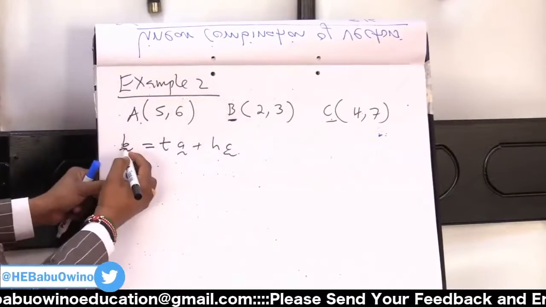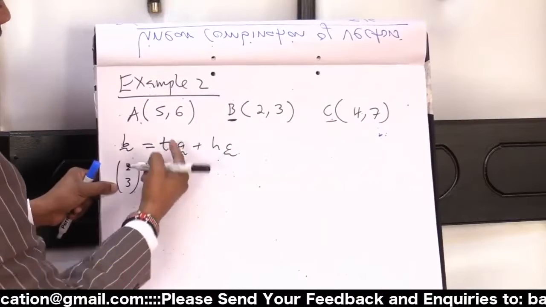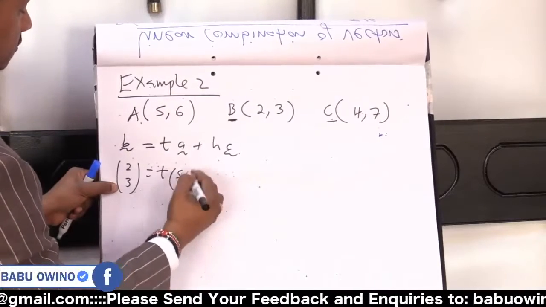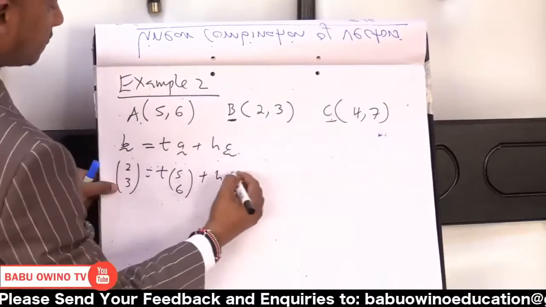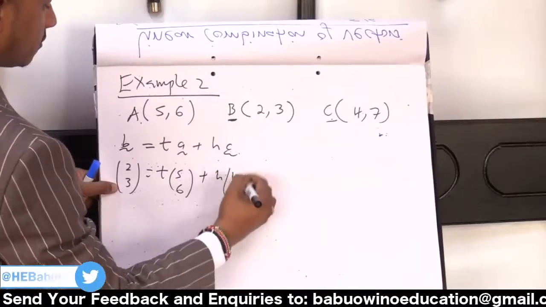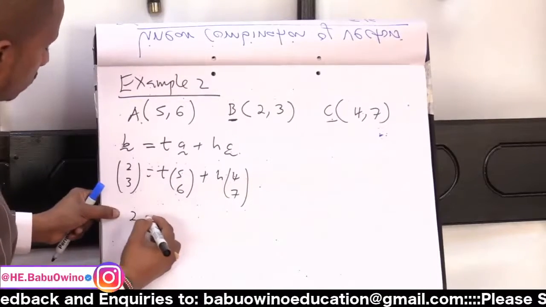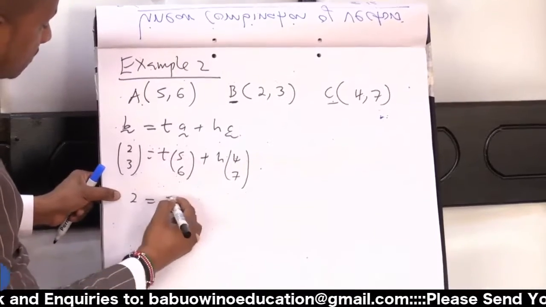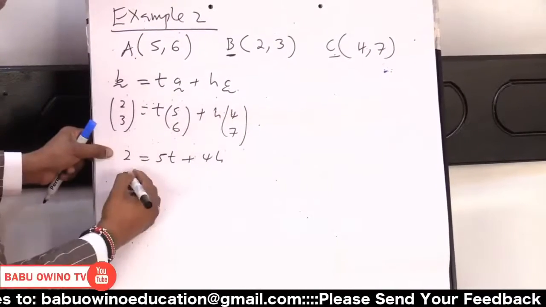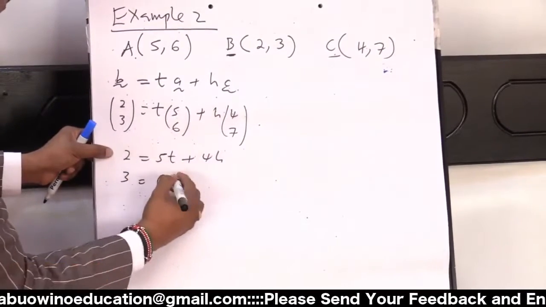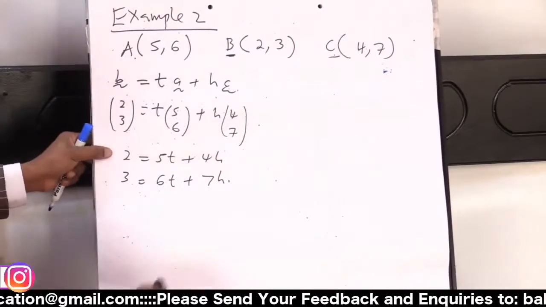So you just come here, replace values for B is 2, 3, equals T of A is 5, 6, plus H of C is 4, 7. Then open this up, you get 2 equals 5 times T is 5T plus 4H. Then down one is 3 equals 6T plus 7H.